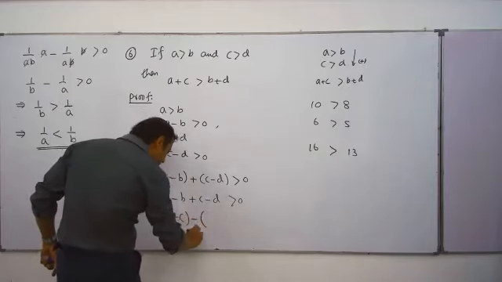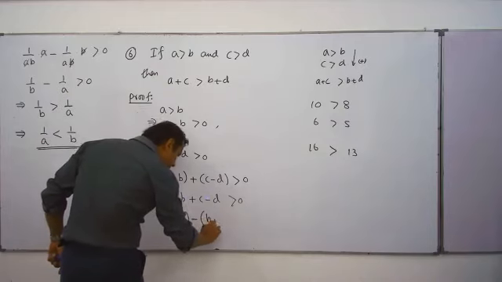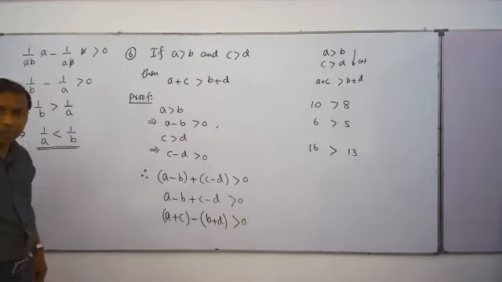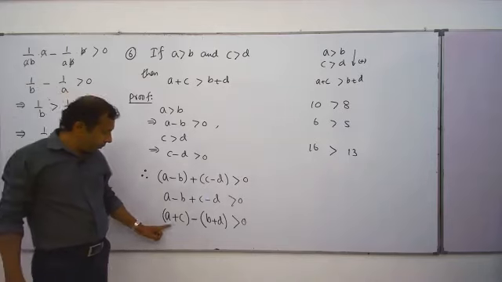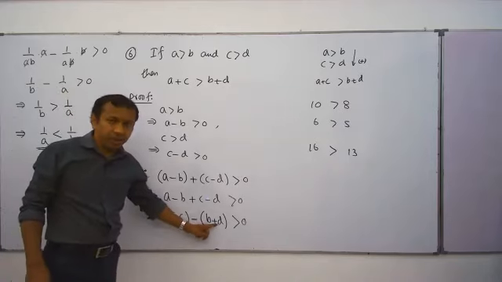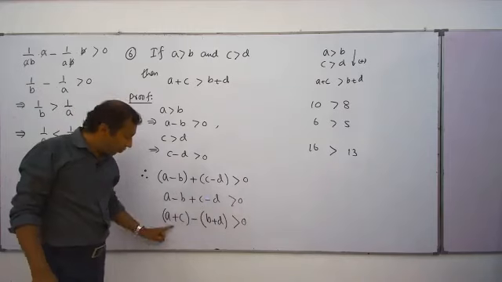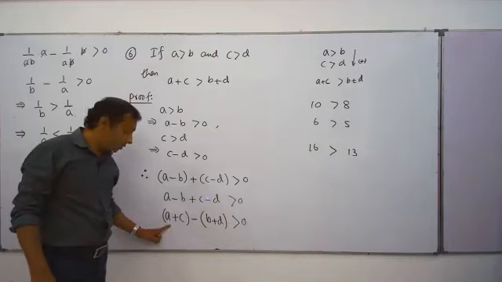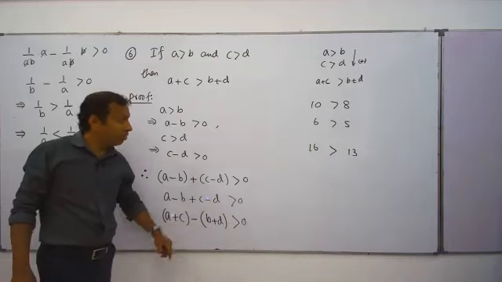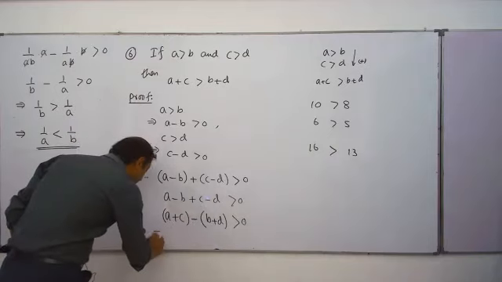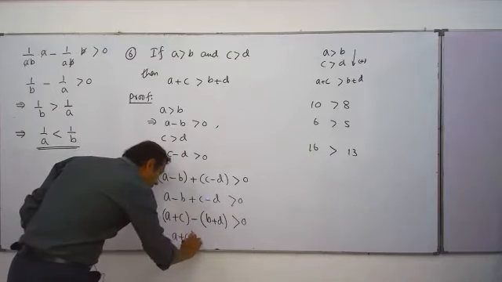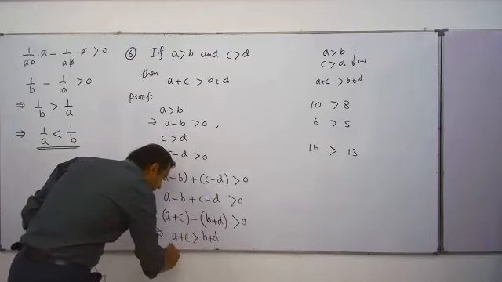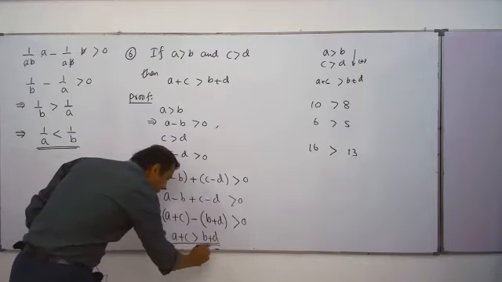Once I take that minus sign out, within the bracket we get B plus D, greater than 0. Okay. Now A plus C minus (B plus D) greater than 0 means this difference is positive. For this difference to be positive, definitely this number should be greater than this number. Then this implies what, people? This implies A plus C greater than B plus D. Right. This is how we prove that result.